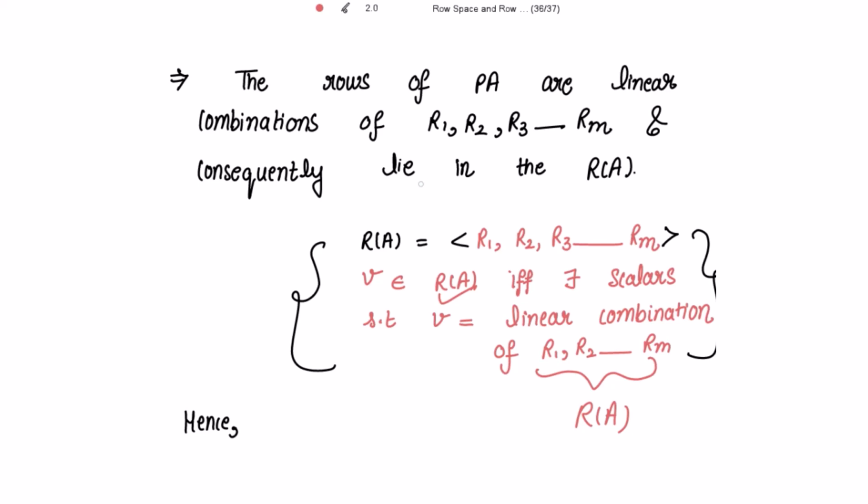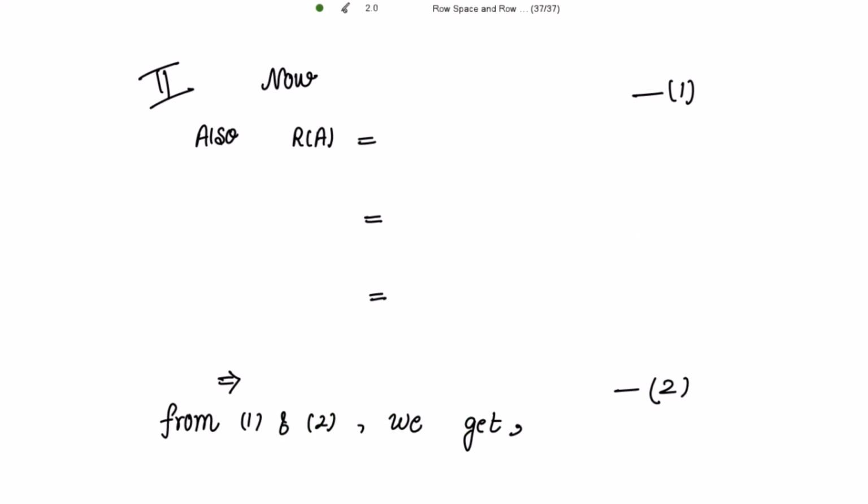So consequently, because the rows of PA belong to the row space of A, we can say that the row space of PA is a subset of the row space of A, right? Because all the linear combinations belong to the row space of A.